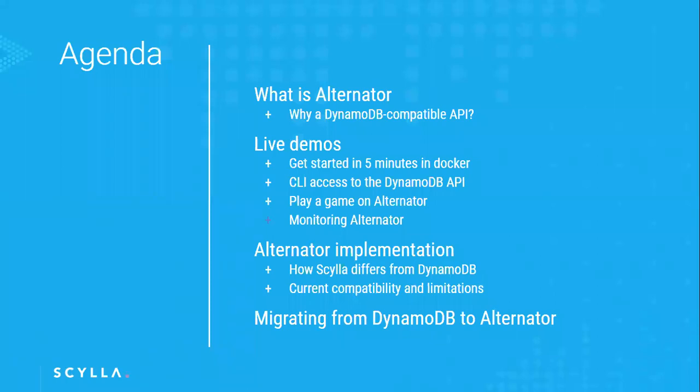Eventually we'll give you a link on how to migrate between the two, because migration is just ready. The best takeaway from this webinar is that you can go ahead and run it yourself. It's trivial.